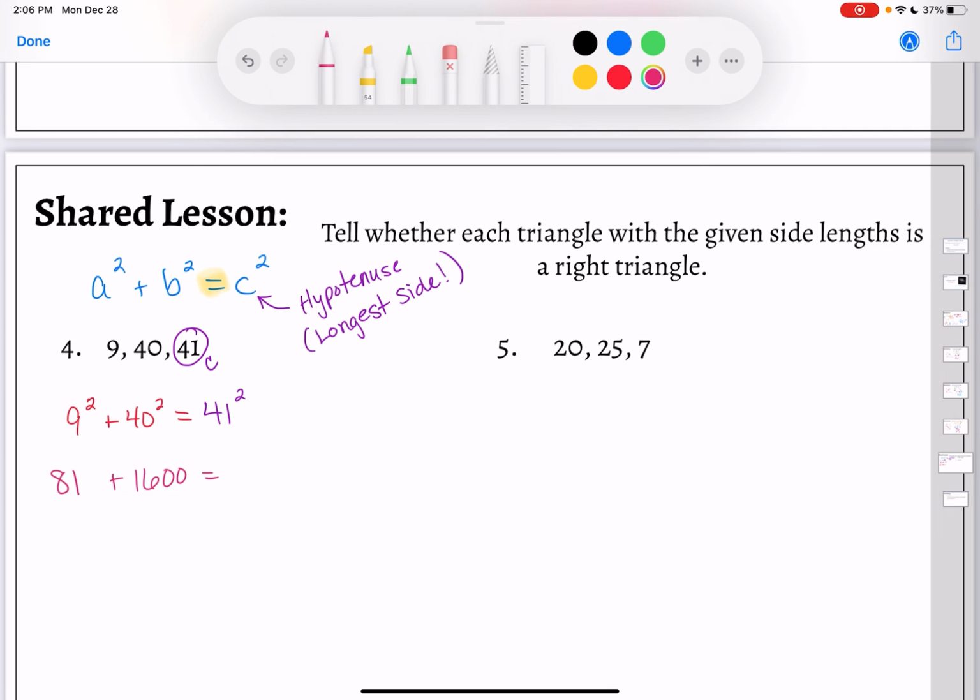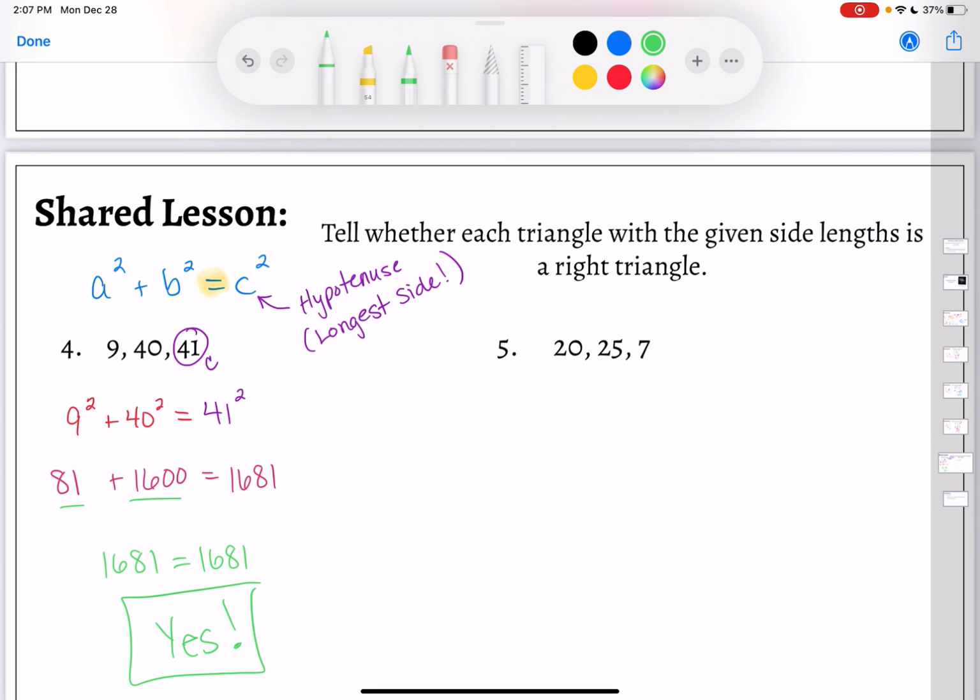Let's see, I'm pulling mine up over here on the side, and I'm going to type in 41 squared, which gives me, there it is, 1681. Okay, this is looking good. Now remember, you're not done until you prove it. 81 plus 1600 gives me 1681, and 1681 equals 1681. So yes, this one is a right triangle.